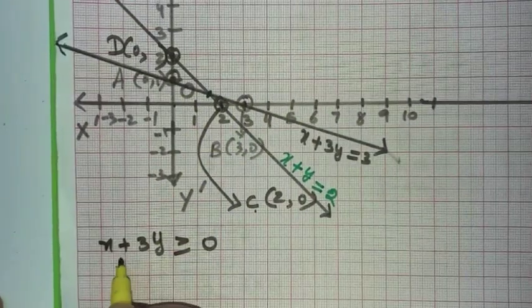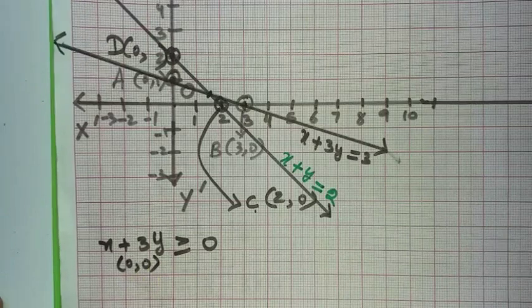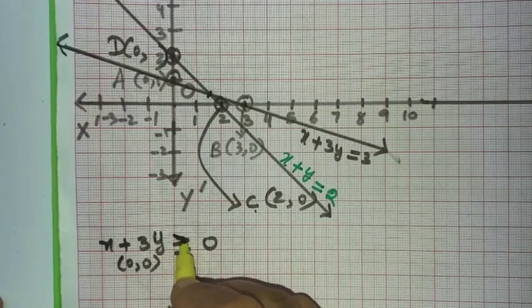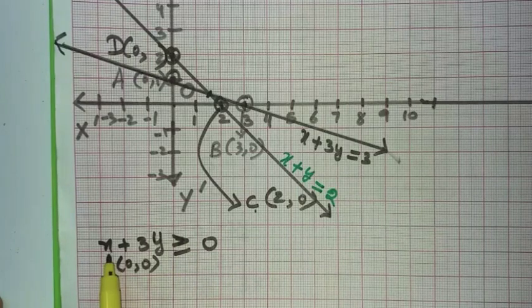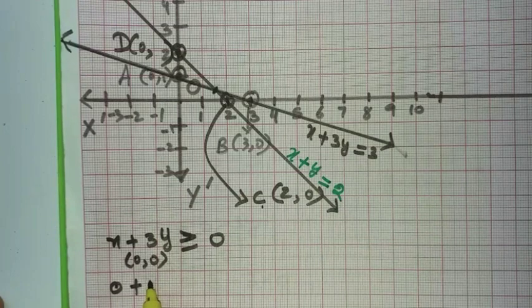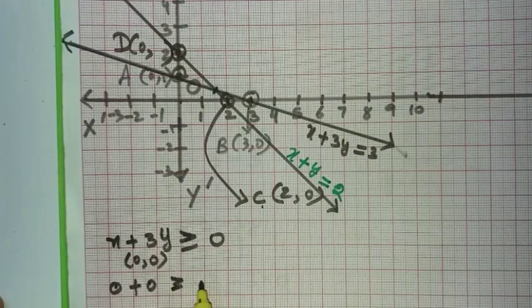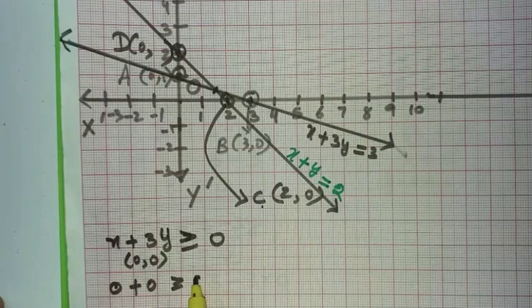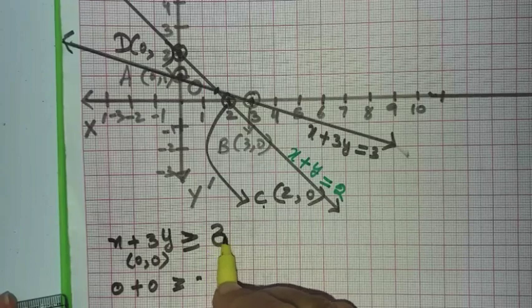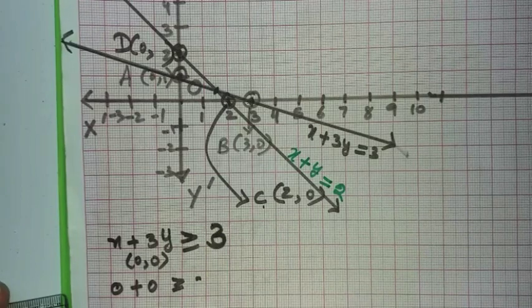So we very well know that we have a method. We substitute the coordinates of 0, 0 in this inequality. So if I put 0, 0, that means I will put x to be 0 and I will also put y to be 0. So left hand side will become 0 plus 0, greater than or equal to... the inequality was x plus 3y greater than or equal to 3, not 0.